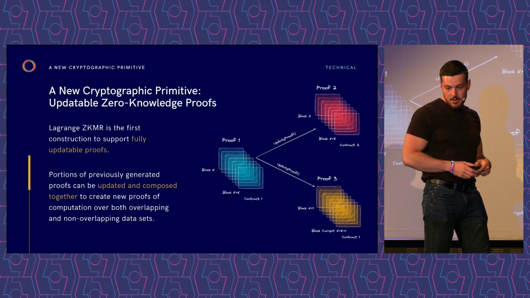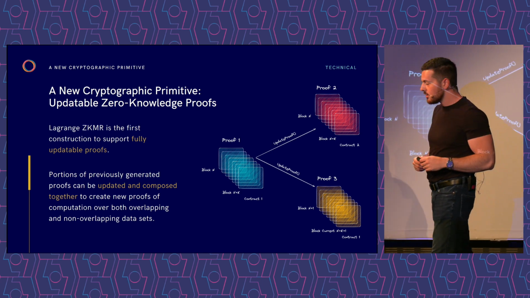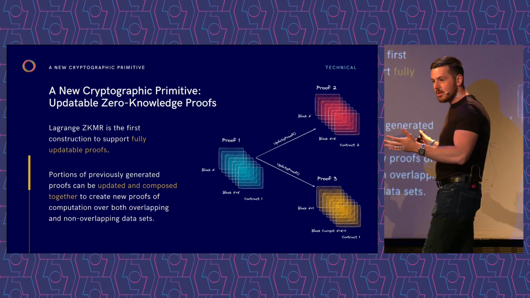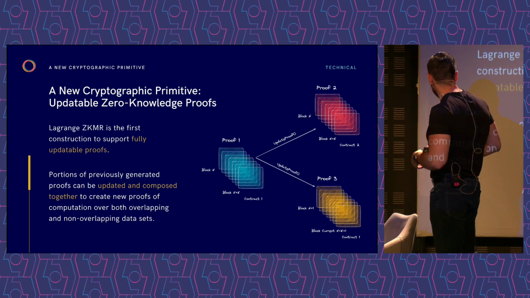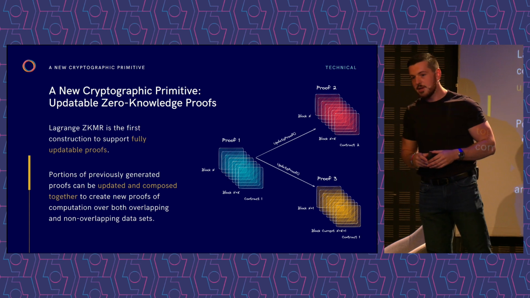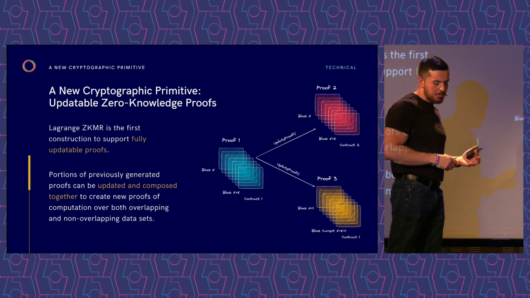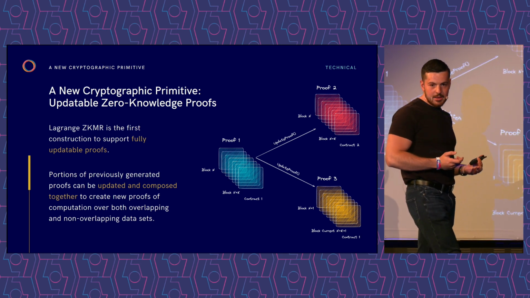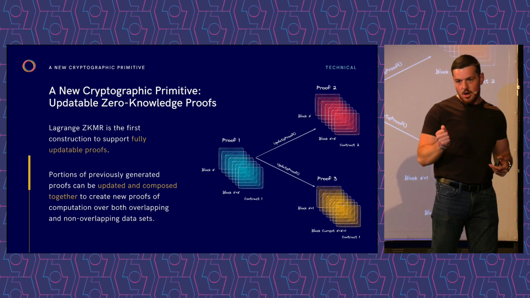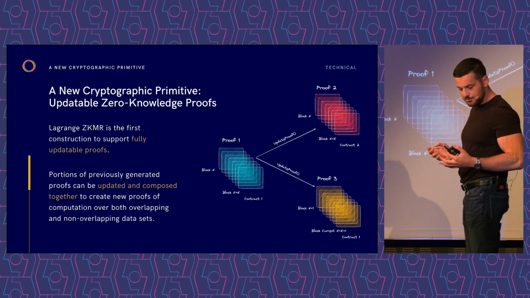And so you might say, well, everyone says zero-knowledge proofs take forever to compute. Why does this giant proof that we're obviously computing not take forever? This has to do with some interesting properties of our proof construction that make it far more performant at scale. The property that our proofs have that proofs before us don't have is something called updatability. You can take a proof on overlapping or non-overlapping data, and you can compute over that.